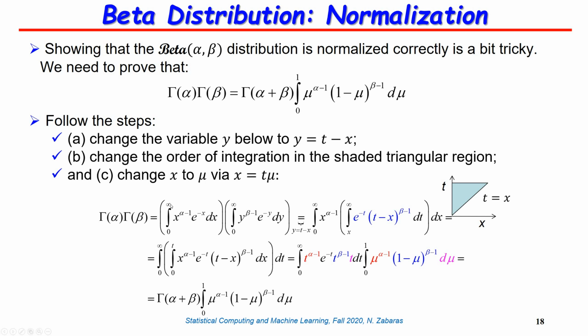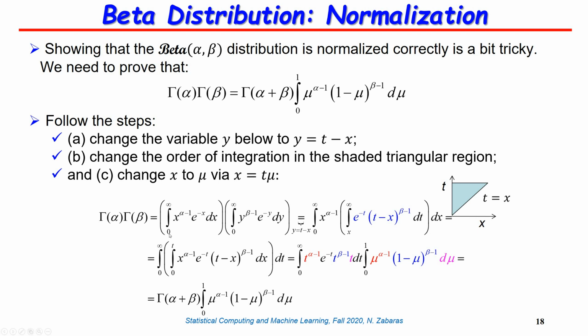And I have two integrals, right, in x and another integral in y, and I am going to mix this integration in x and y for x and y going from 0 to infinity, and I'm going to do three different steps to allow me to go from the left-hand side to the right-hand side of this equation at the top.